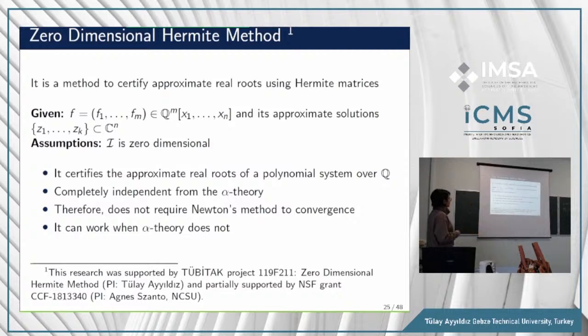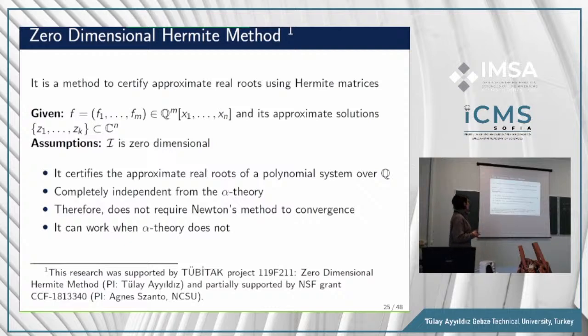But here, for this method, it was just Agnes and me, because this part was more real algebraic geometry, and Agnes was in the real algebraic geometry and computer science part, and Jonathan was more in the numerical part.